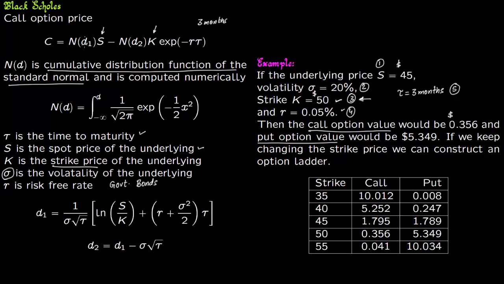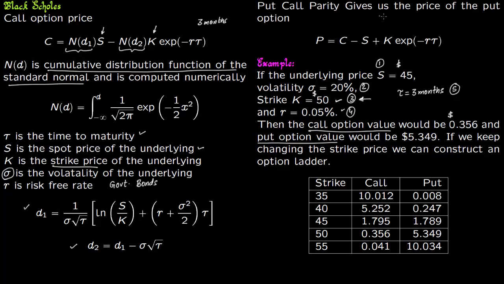Now this d1 you can write as 1 over sigma square root of tau, times log of S by K plus R plus sigma squared by 2 times tau. Quite a bit of formula. Then d2 is d1 minus sigma root of tau. So you compute d1, you compute d2, then you compute N(d1) and N(d2), you plug them in, and you get the call option price.